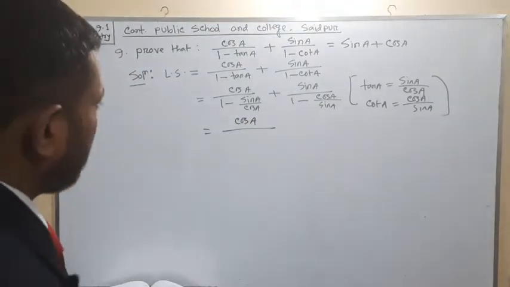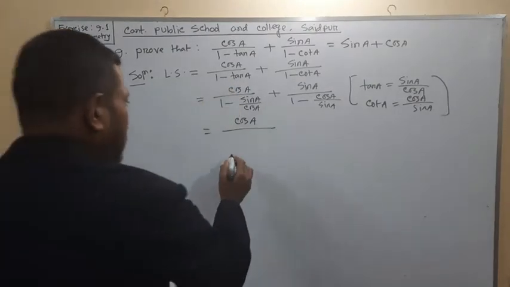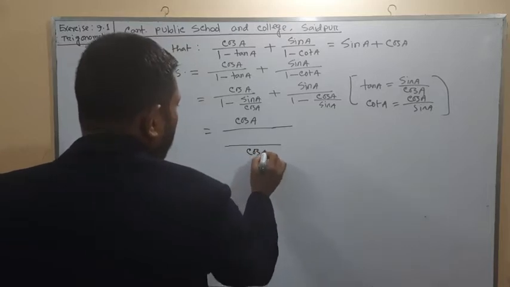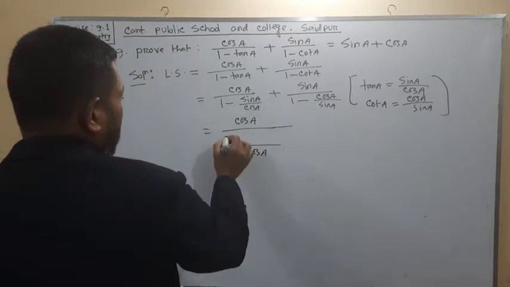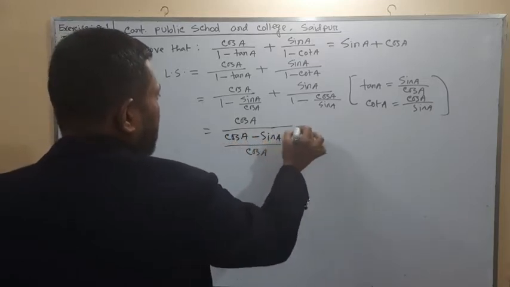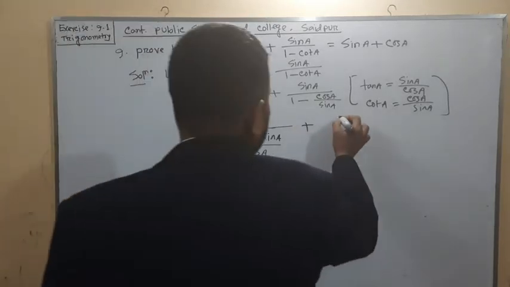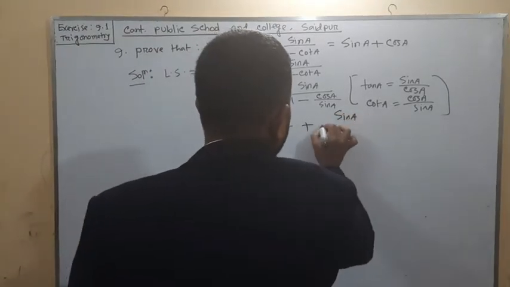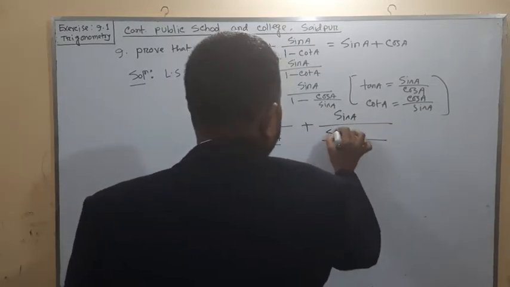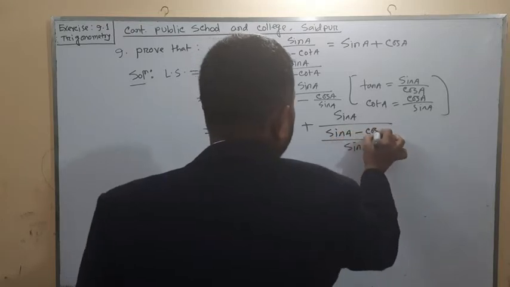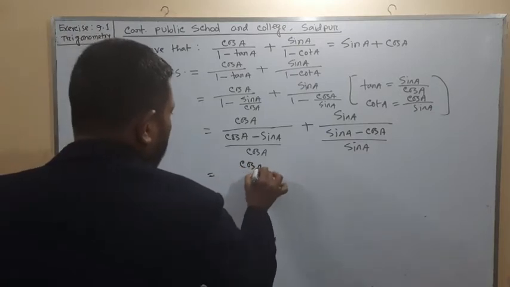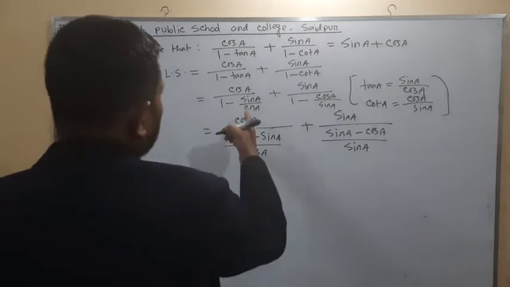Now I am doing LCM, denominator of the first fraction. Here cos A will be the LCM: cos A minus sin A over cos A is the denominator.